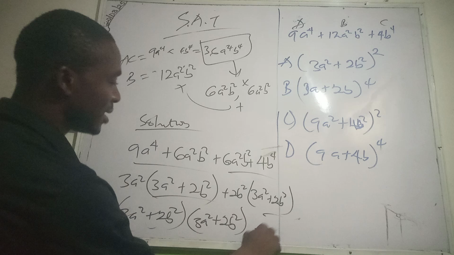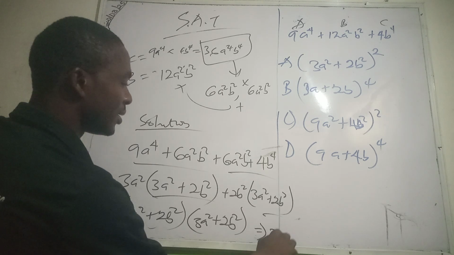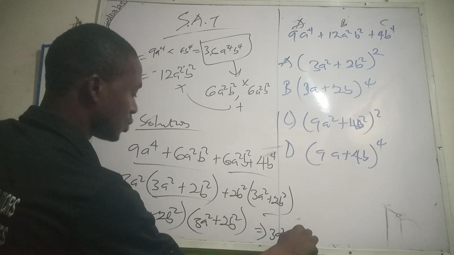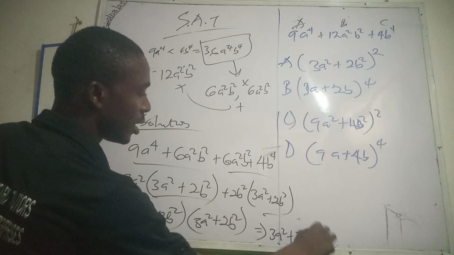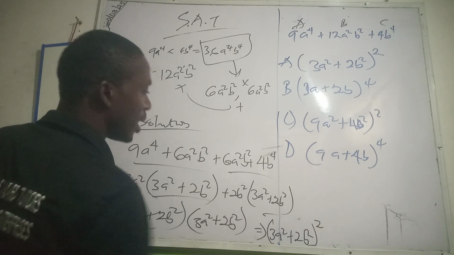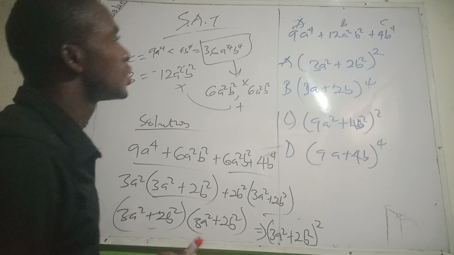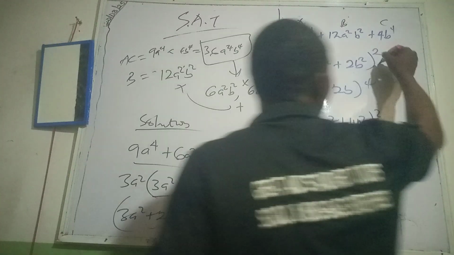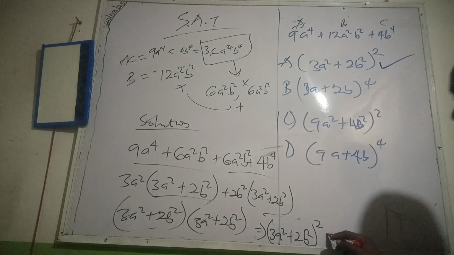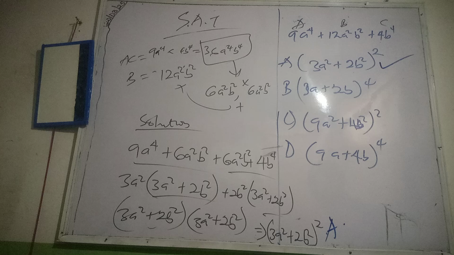This is the same as 3a squared plus 2b squared all squared, which is synonymous to option A. So on this number, option A is the correct answer.